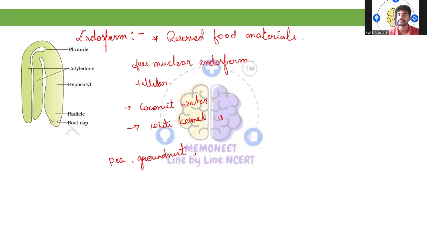So before the seeds get germinated or matured, the endosperm may persist in the mature stage, because they won't consume it completely. But in some, like coconut, you will see that the endosperm may persist in the matured seed.